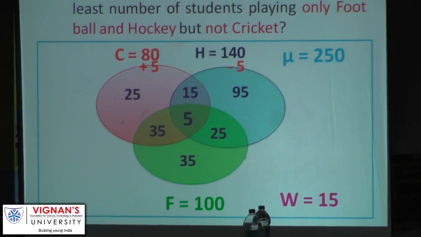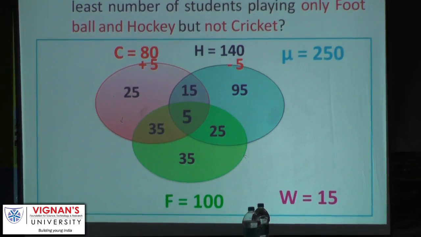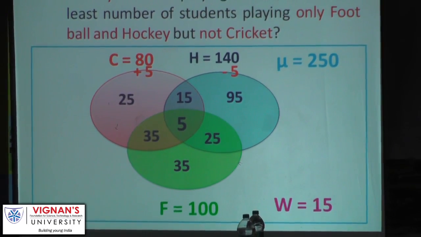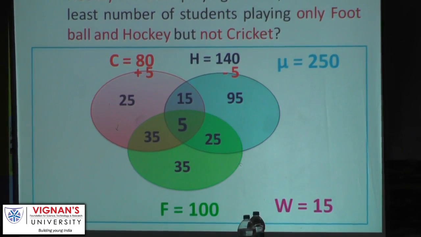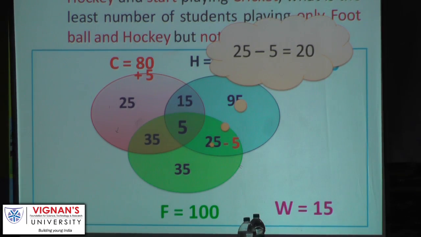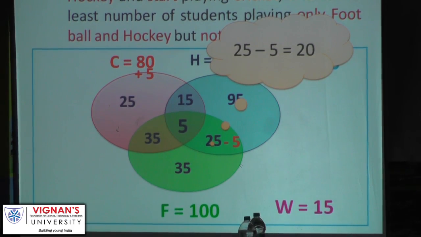If nobody stops from this particular region, then all 25 will be there. That 25 is maximum, 20 is minimum. So what is your answer? If those 5 stop from this region, then your answer would be least is 20. Do you understand? Right, let's move to the next one.